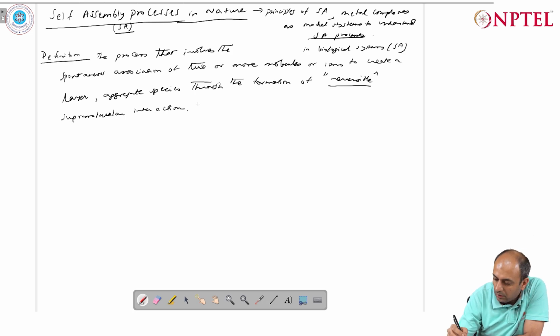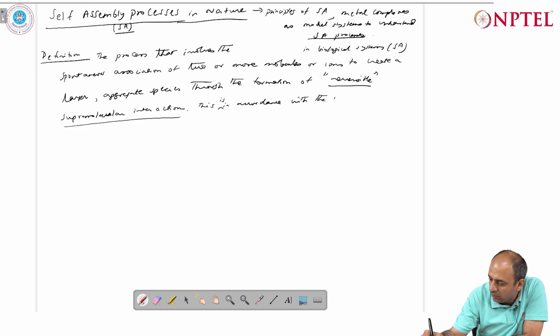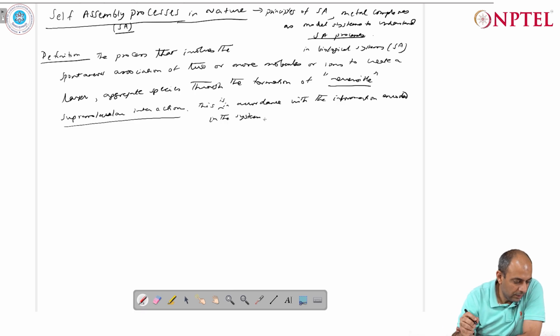And the process of these supramolecular interactions or events of reversible recognition depends upon, this is in accordance with, the information encoded in the system. And so this is the definition of self-assembly.